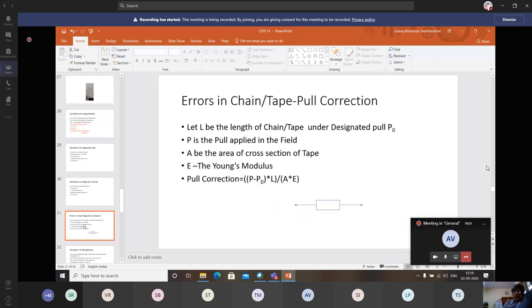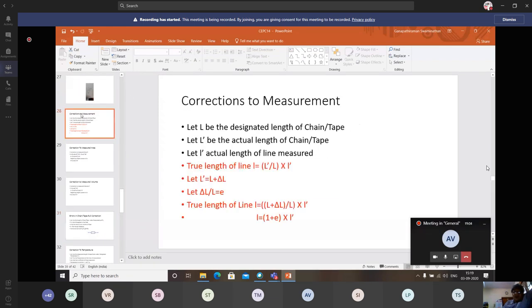So now the correction for absolute length we make is L dash by L into L dash, where L is the designated length of the tape, and L dash is the measured length. So for absolute measurement we use it.